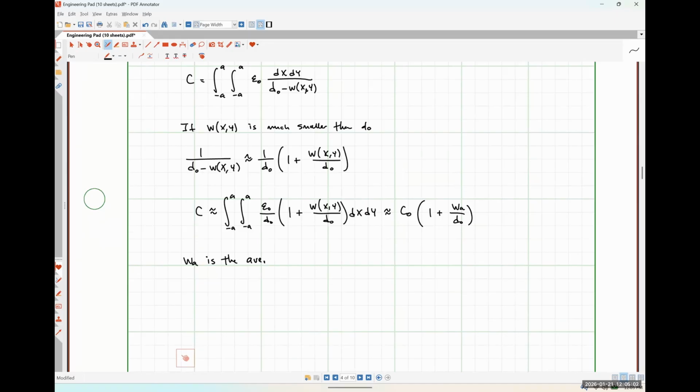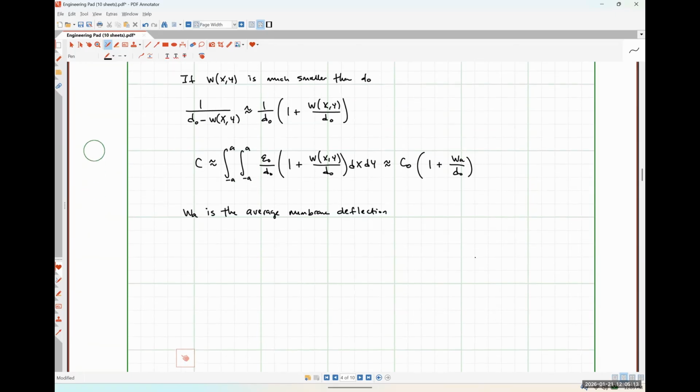average membrane deflection. Mathematically, we can calculate w sub a as 1 over 2a squared, which is essentially just the area of the plate, times the integral from negative a to a, again from negative a to a, of our position.